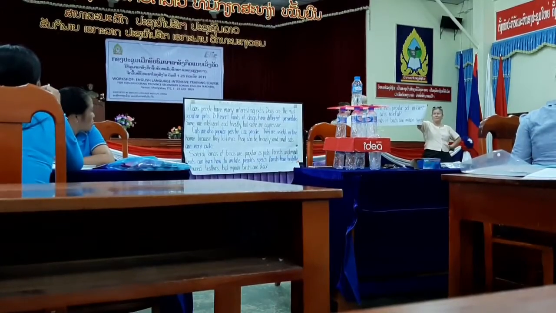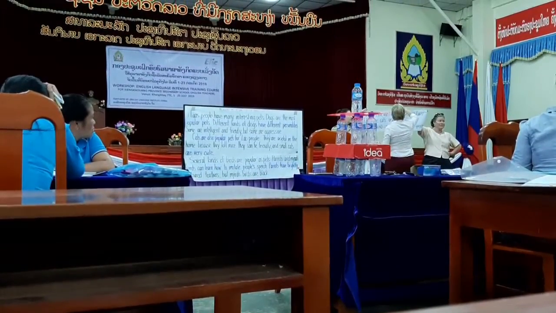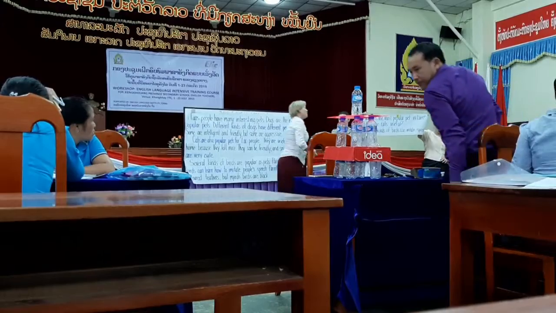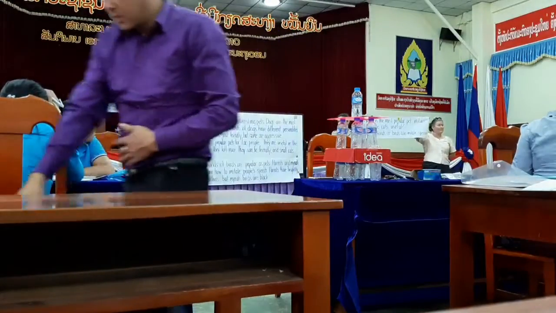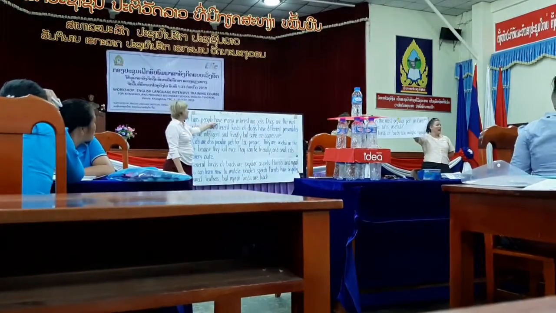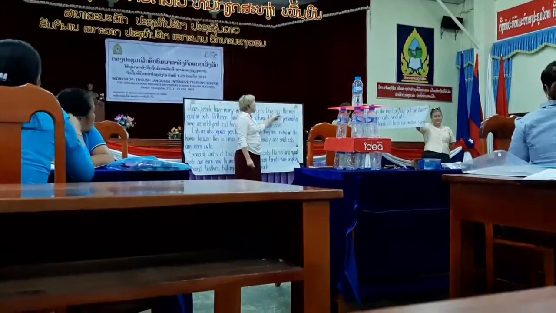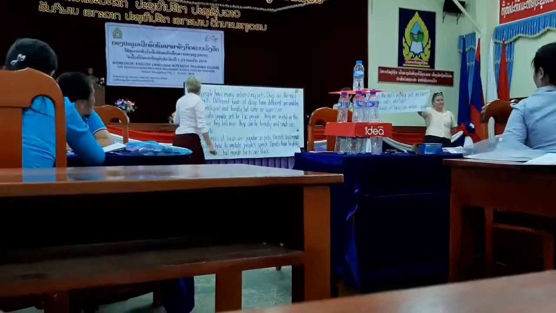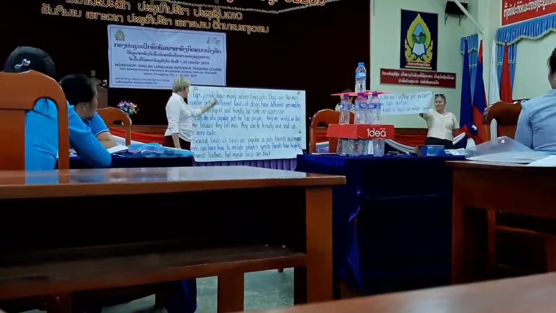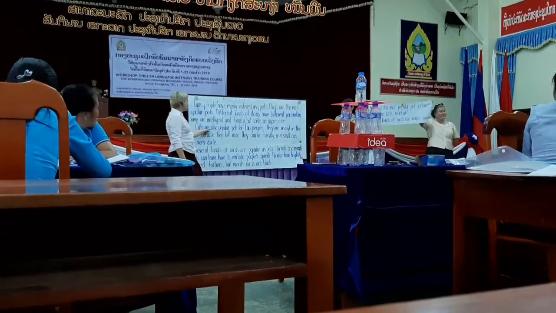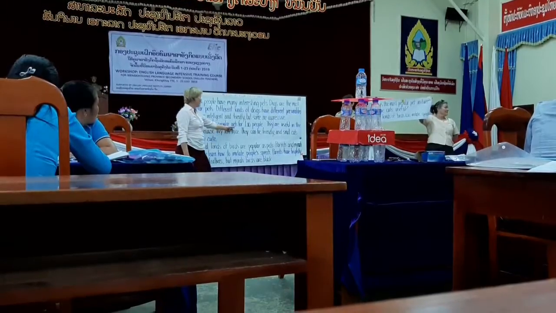But there is one problem, because popular appears three times. In Laos, people have many interesting pets. Dogs are the most popular pets. Here is another one. Cats are also popular pets.